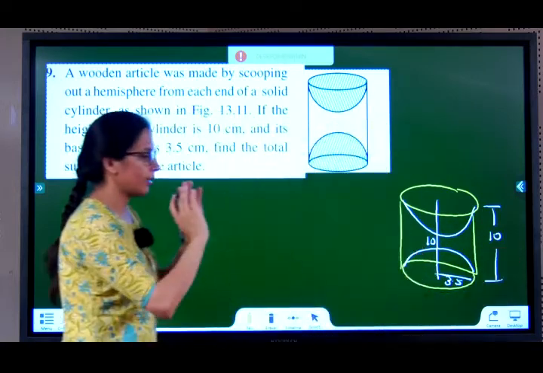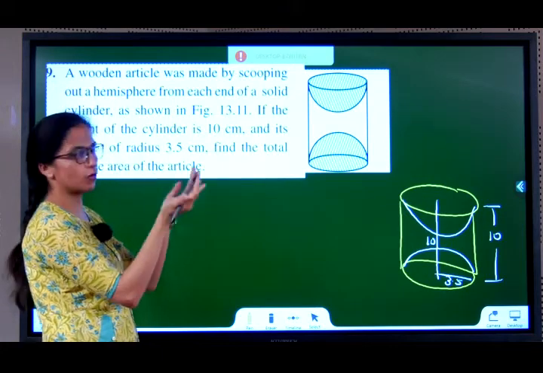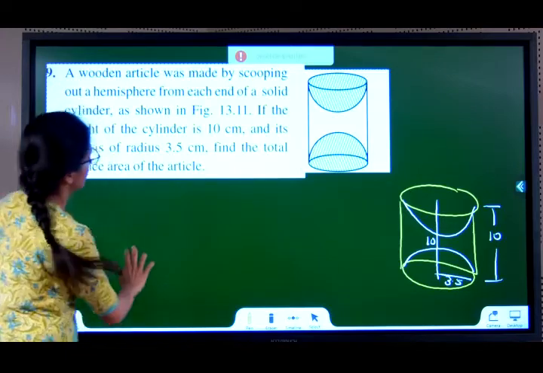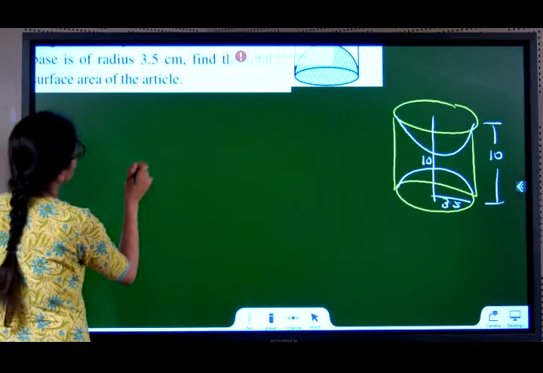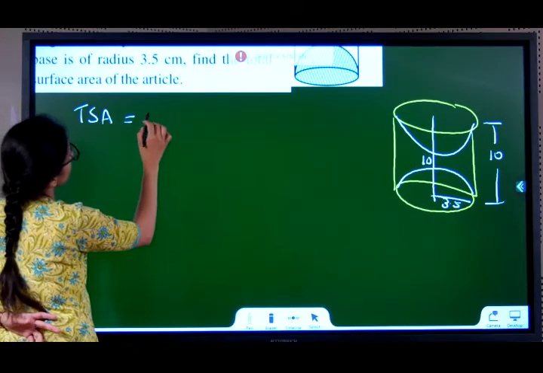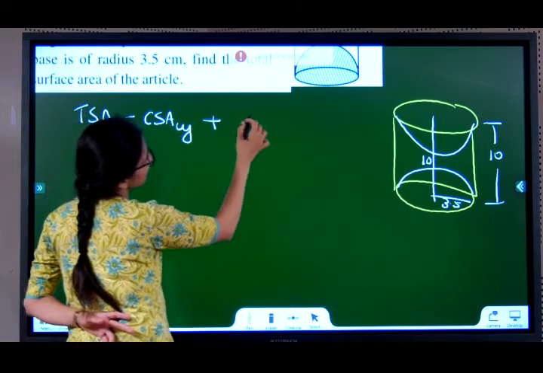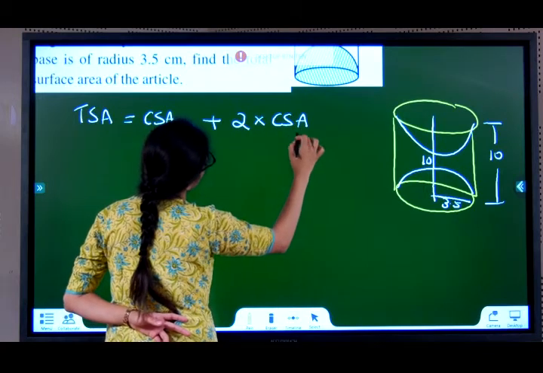Easy problem. If you have to paint this whole solid, what will be the surface area? Paint outside, paint this curve, paint this curve. So we can say TSA of the given solid is CSA of cylinder plus 2 into CSA of one hemisphere.